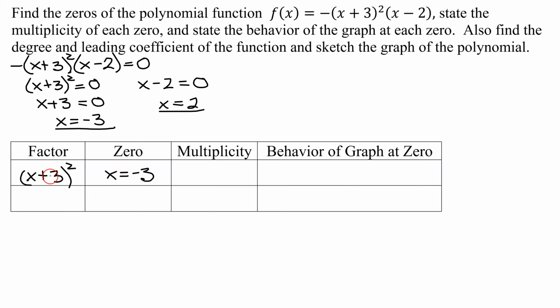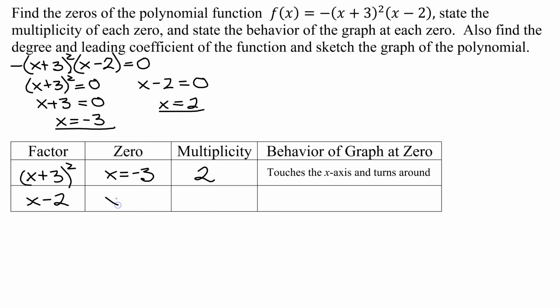The multiplicity is how many times did this factor occur? Well, it occurred 2 times, so the multiplicity is 2. So the multiplicity is an even number, and that means at the zero, the graph touches the x-axis and turns around.